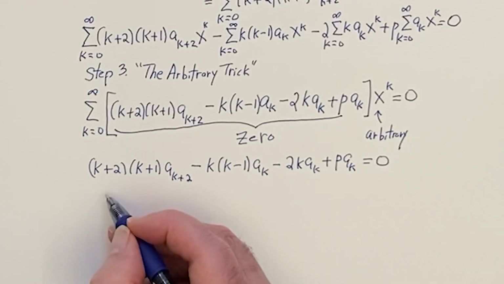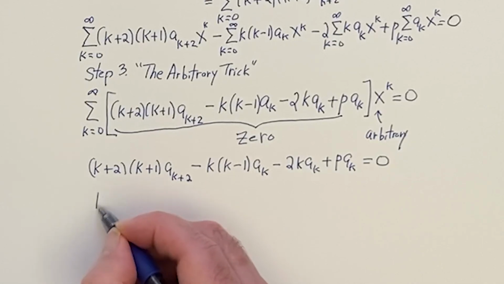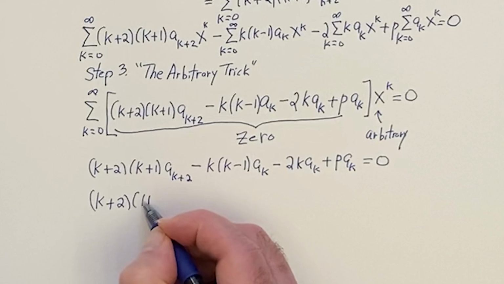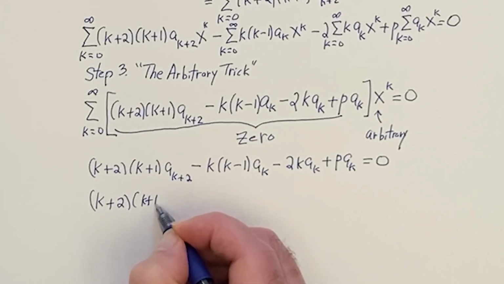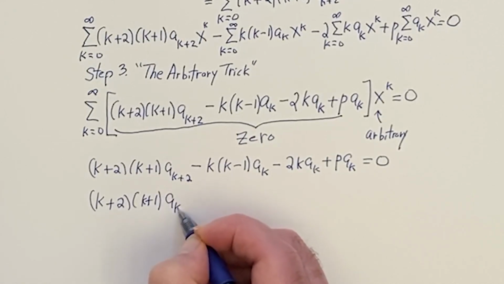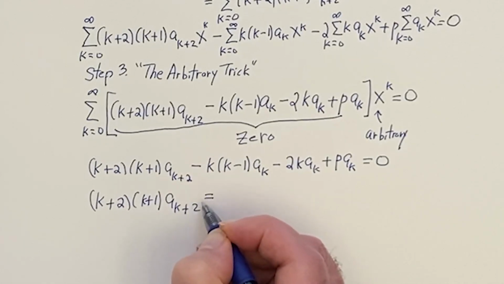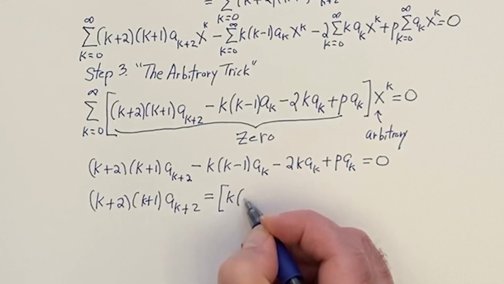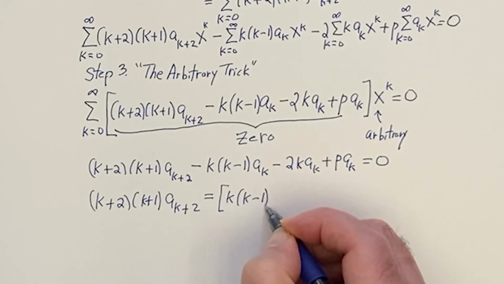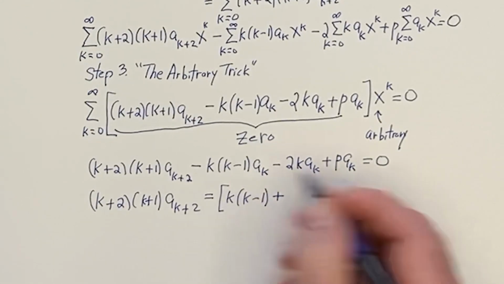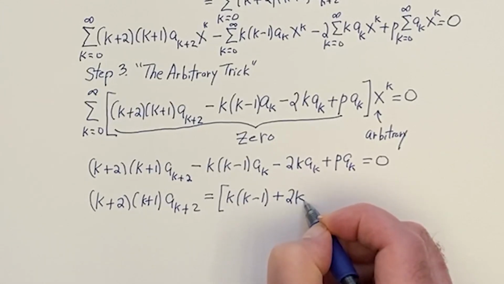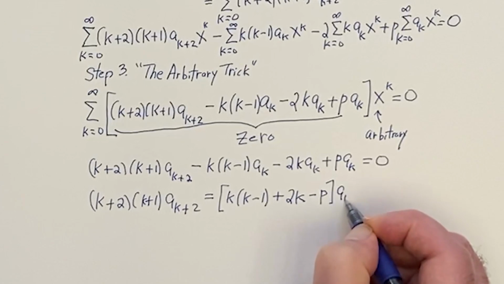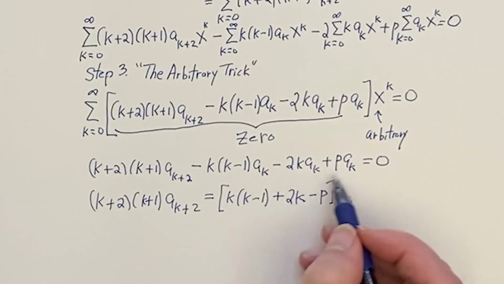Okay, so this means here that k plus 2 times k plus 1, a sub k plus 2 equals, I'm going to put this stuff on the other side. k minus 1, adding to the other side, plus 2k, taking to the other side, minus p, and these all multiply a sub k.